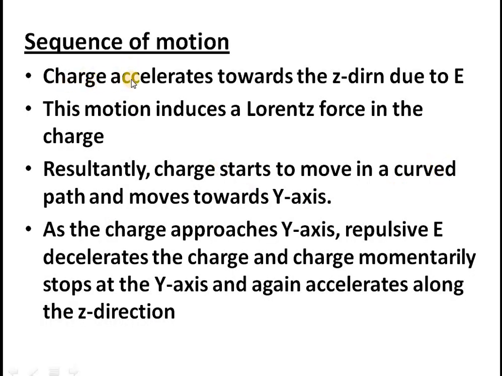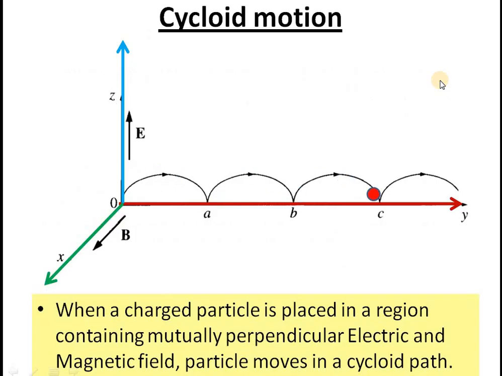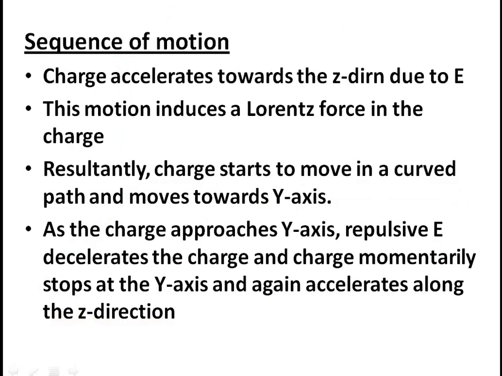Initially the charge accelerates towards the z direction due to E, as we have seen earlier, along the E direction. Again, this motion induces a Lorentz force on the charge, that also we have seen, as a result of which the charge starts to move in a curved path and moves towards the y-axis.